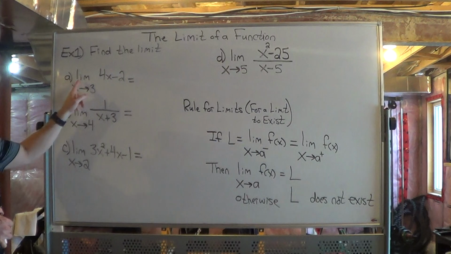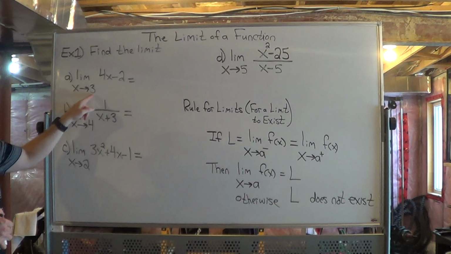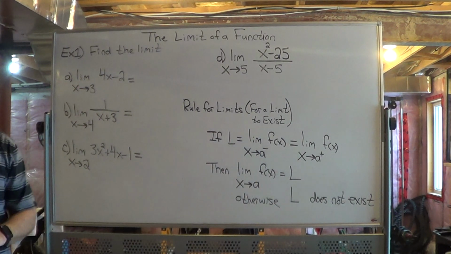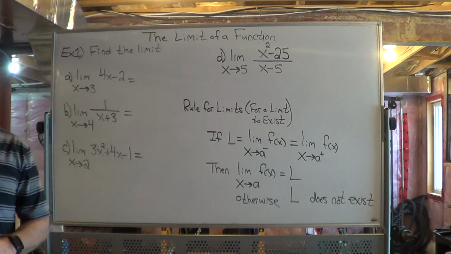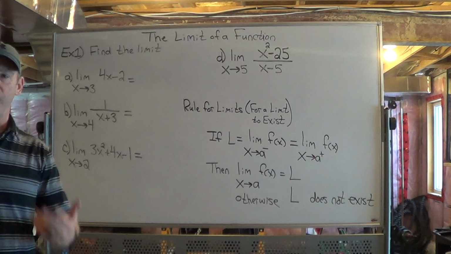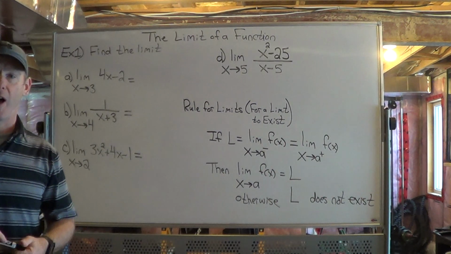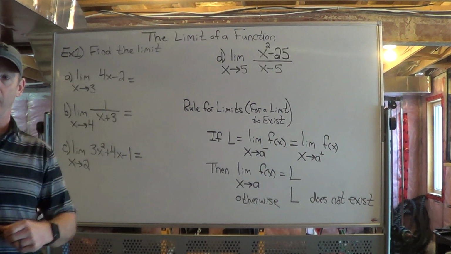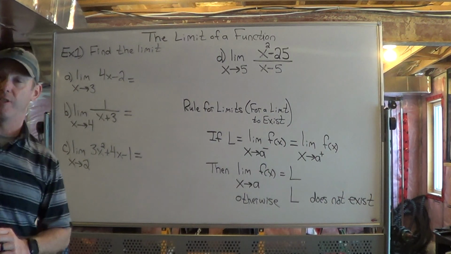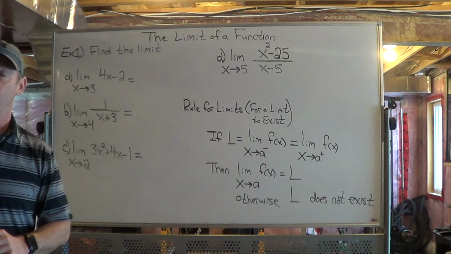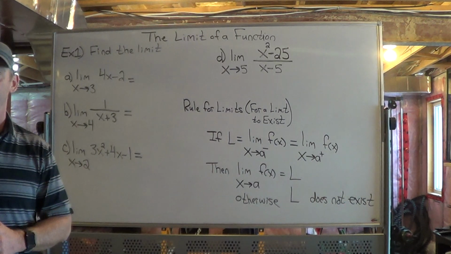This time we have the limit as x approaches 3 of the function 4x minus 2. Before, when we were finding the slope of a tangent using the definition of first principles and the limit, we had an issue with subbing in 0 for h because our denominator was 0 and you can't divide by 0.